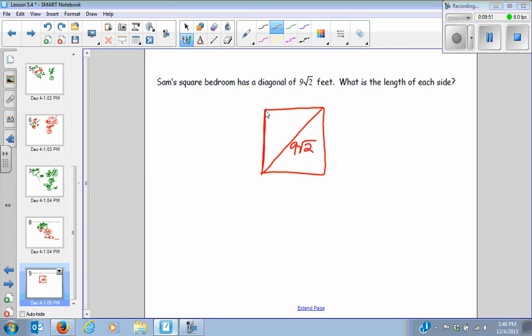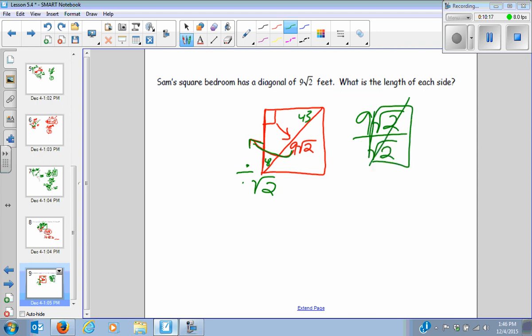Well, since this is my 90, and that's across, I'm working back towards my, which should be in green, I'm working back towards my 45s. So I know that I'm going to divide by the square root of 2. And when I do that, I take 9 square root of 2, divide by the square root of 2. See that the square root of 2's, that's really like 1, cancel out. I'm left with 9. I know that his bedroom is a 9 by 9.